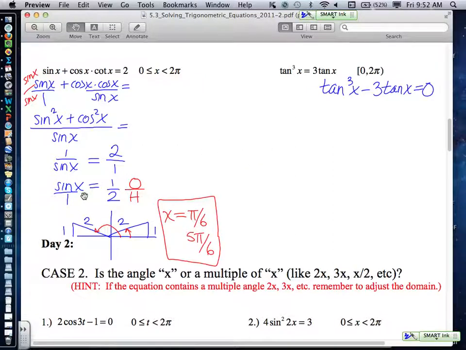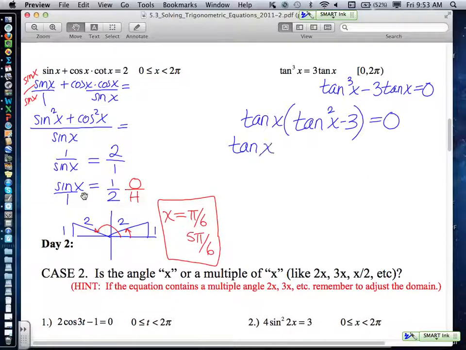So now let's factor. Now I have tangent x as my common factor, and that leaves me with tangent squared x minus 1. And now when I factor that, I have tangent, oh, I lost the 3. Yeah, thank you. I knew that was coming. There we go.